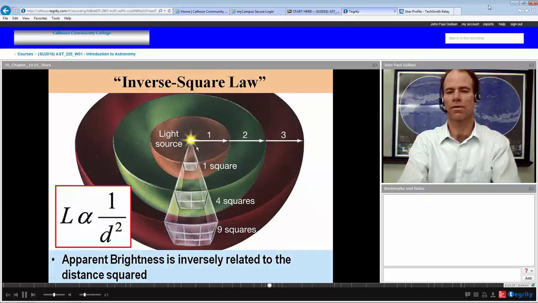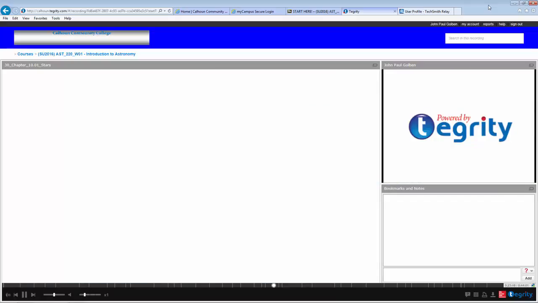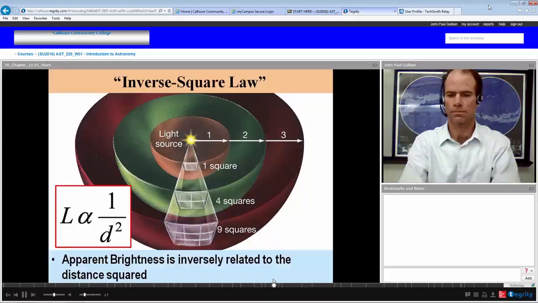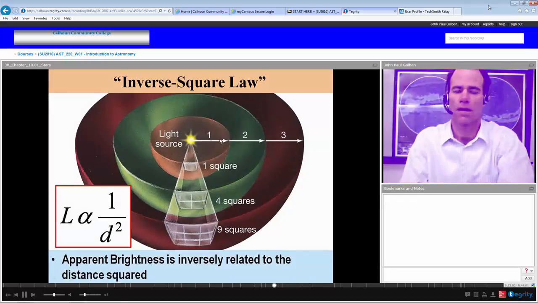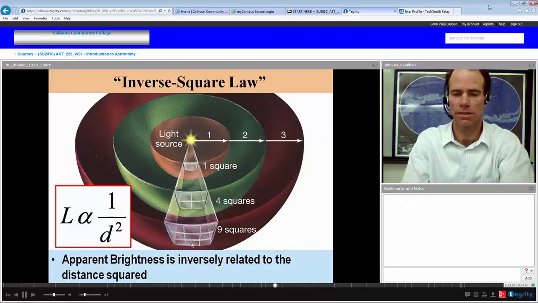If we went from a light source and we distribute that light over a square, and then we increase our distance to twice as much, now the light is distributed over 4 times as much area. Hence, its luminosity is only 1/4 as much. And if we went out to 3 times as far away, then that light source would be diluted to 9 times as much area.